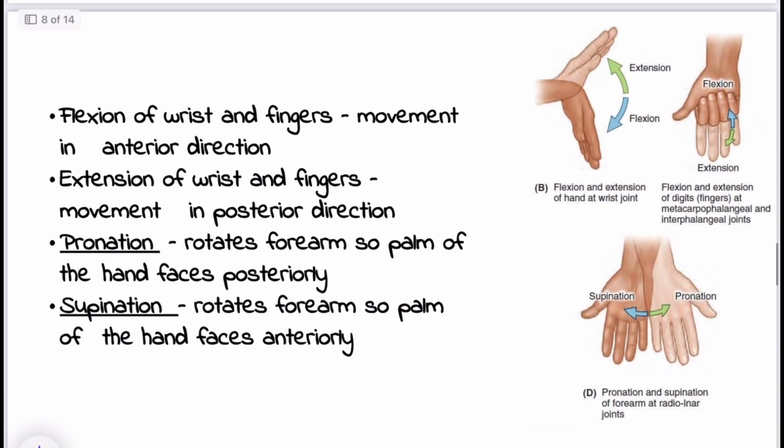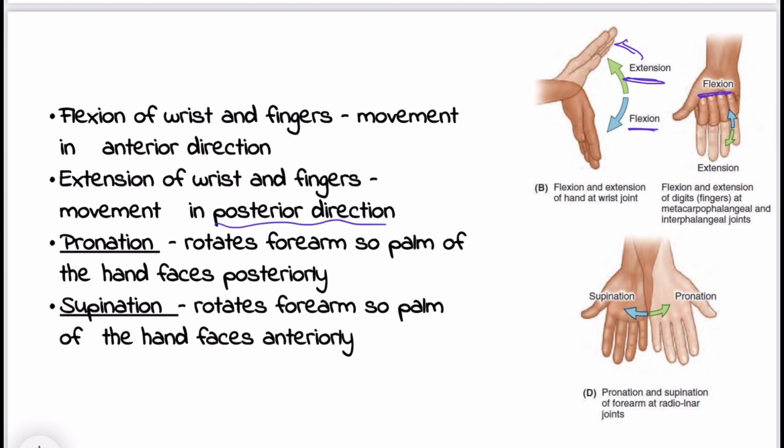So now, flexion of wrist and fingers, which is movement in the anterior direction, and you can see it right here, flexion of the wrist and then flexion of the fingers. Extension of wrist and fingers is movement in the posterior direction, and you can see extension of the hand moves back, and then extension of the fingers is just extending your fingers.